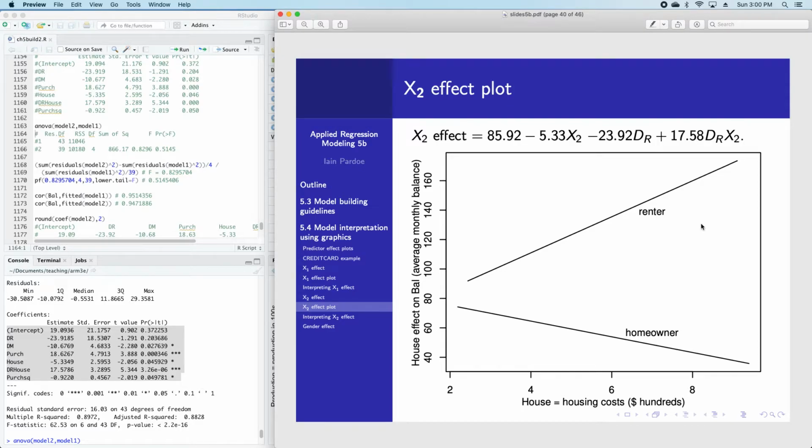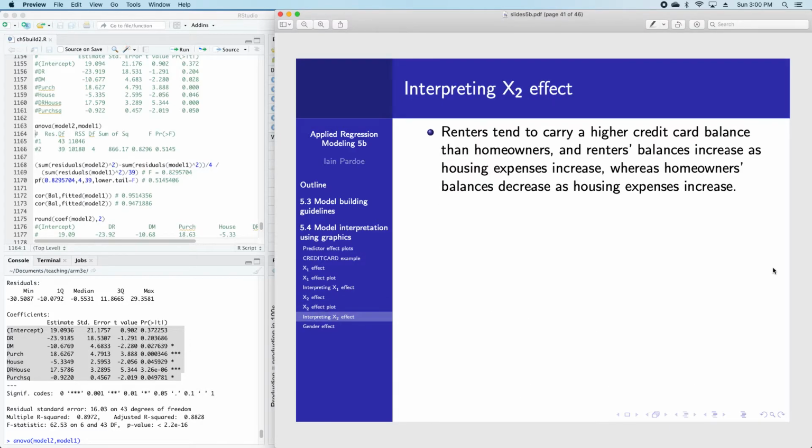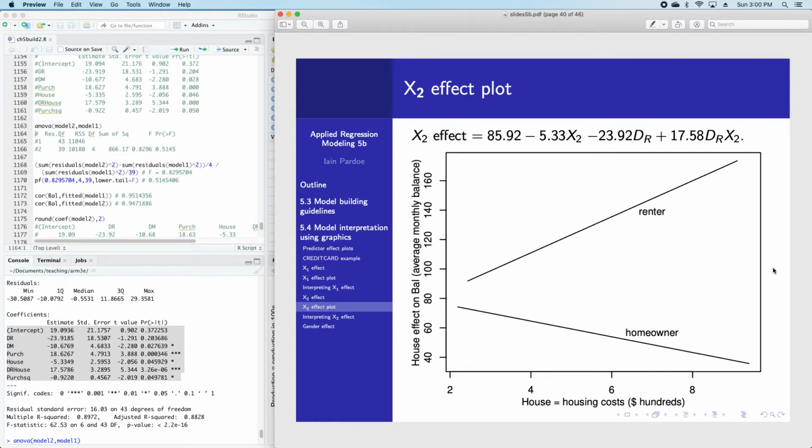Okay, so this predictor effect plot for x2 shows me that for homeowners, as their housing costs increase, they tend to carry a lower balance on their credit card, whereas for renters, as their housing costs increase, they tend to carry a higher balance on their credit card. Okay, so that's a summary in words of what this picture represents.